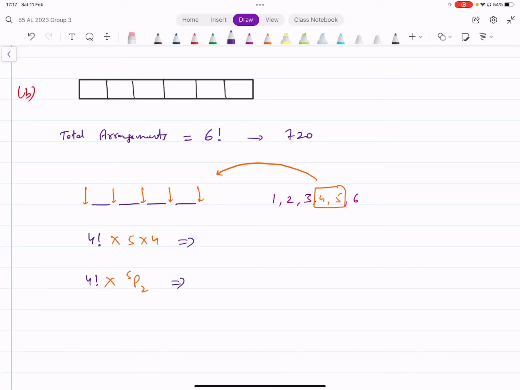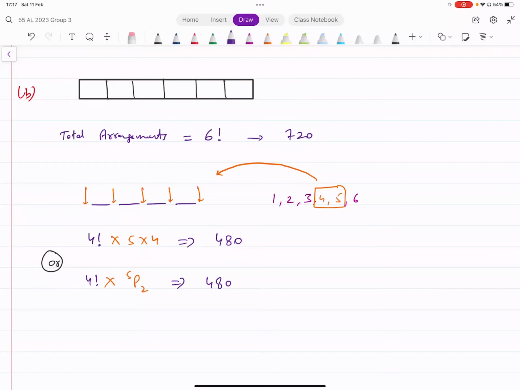Okay, 5 into 4 अलग अलग देख लें, या फिर आप डायरेक्टली कर दें. 5 places हैं ऑरेंज वाले, इनमें से इनमें दो ऑब्जेक्ट्स को प्लेस करना है, and that's going to give you the results. That's 24 into 5, which is 24 into 20. In fact, that is 480, right? ये आपके पास आ जाएगा 480.